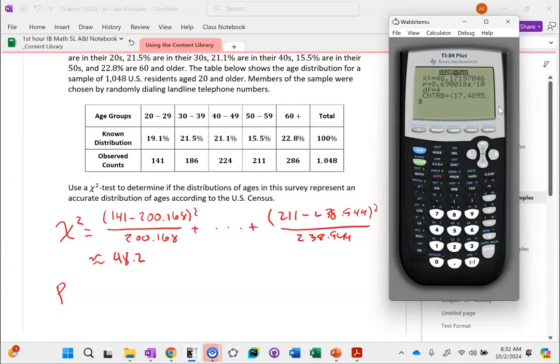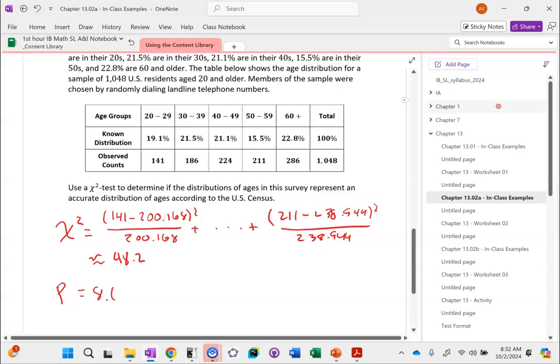Okay. And our P is 869 times 10 to the negative 10. Ooh, doggy. That is teeny tiny. So that's evidence in support of, yeah.